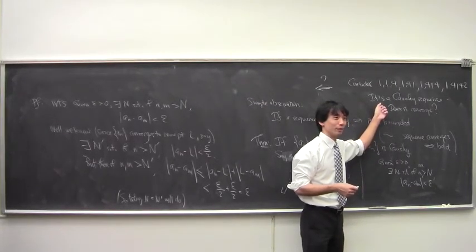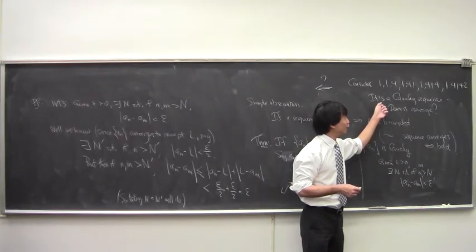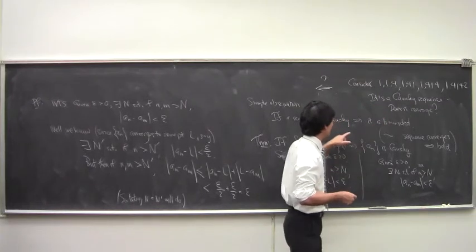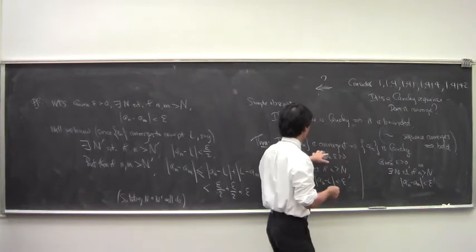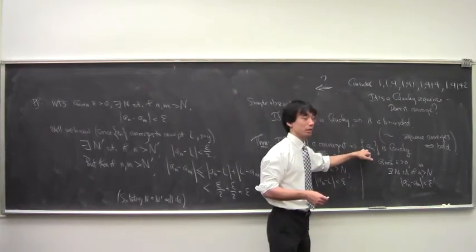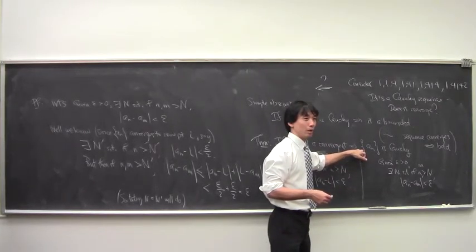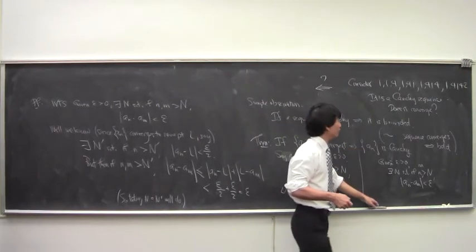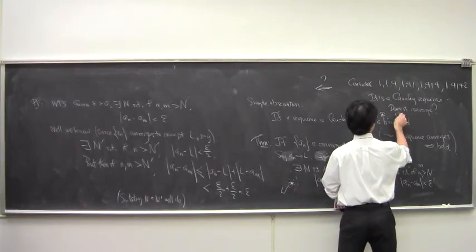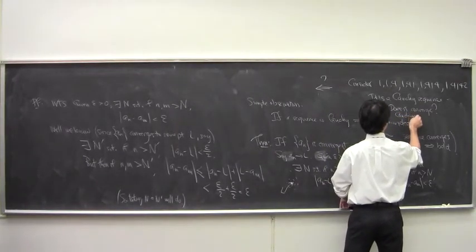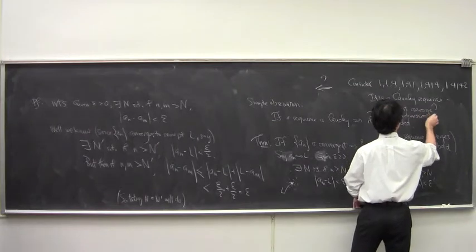In Q, no. So the answer to your question is: is Cauchiness the same thing as convergence? In R, yes. In R, Cauchiness is the same thing as convergence.